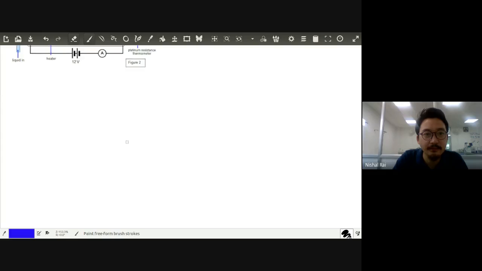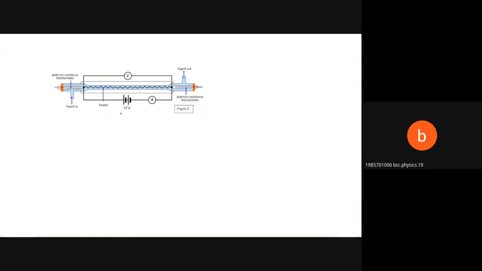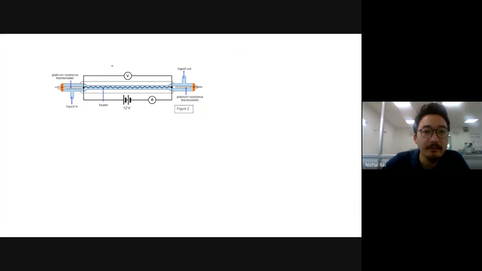Can you see this figure? So this is the setup for the Callendar and Barnes method.